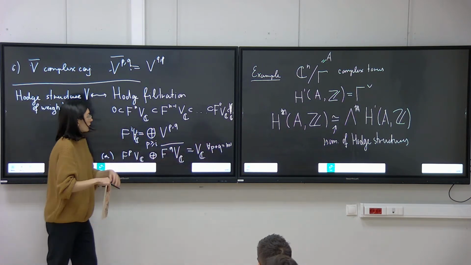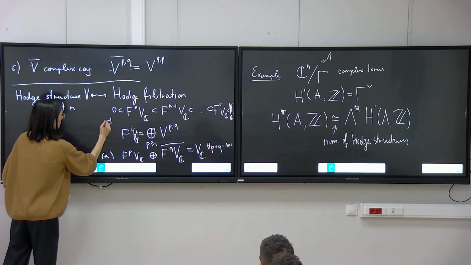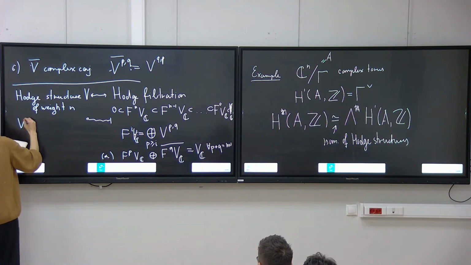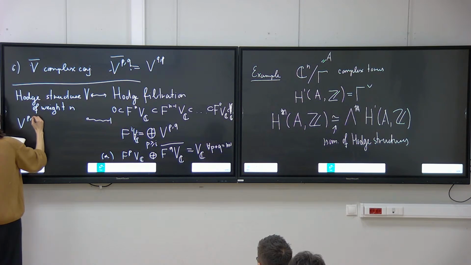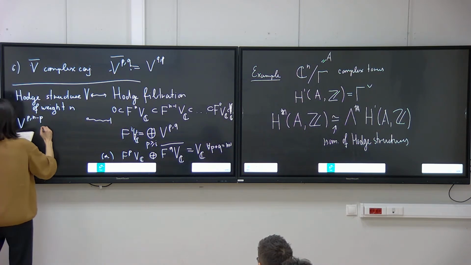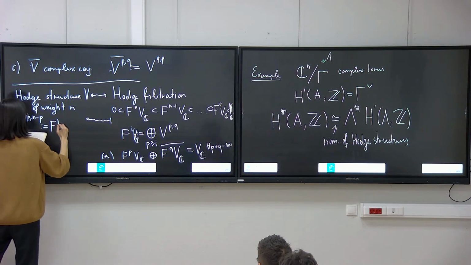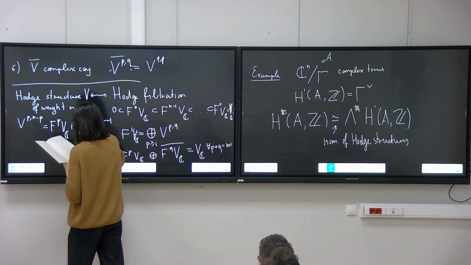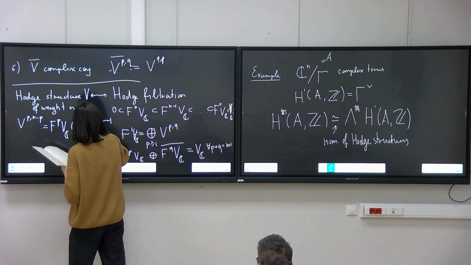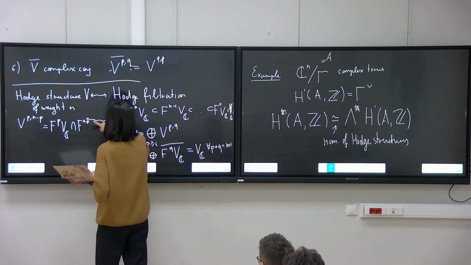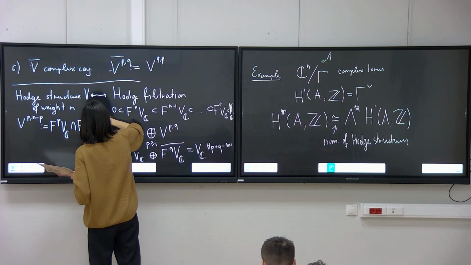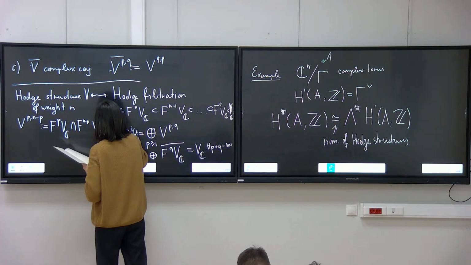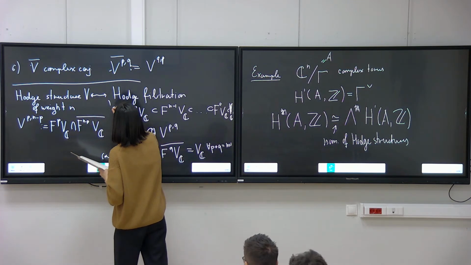Then from this we can define a Hodge structure of weight n just by letting V^{p,n-p} be the intersection of F^p V_C with the conjugate of F^{n-p} V_C.